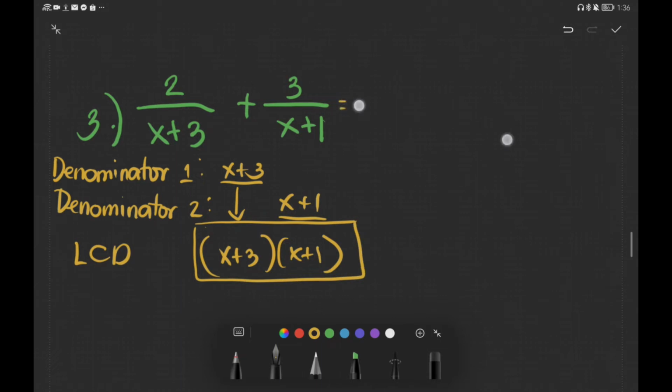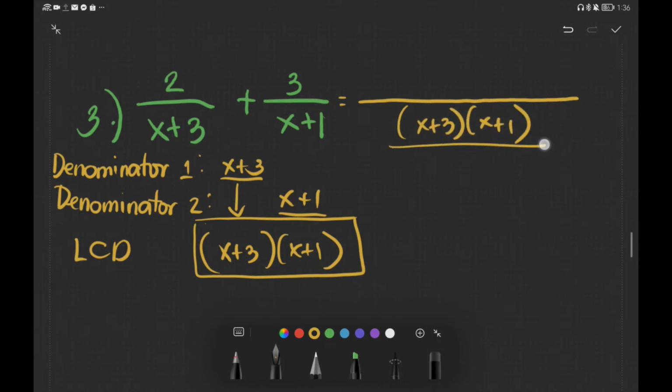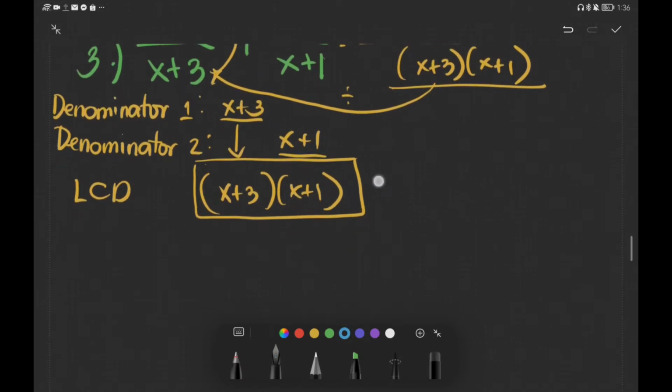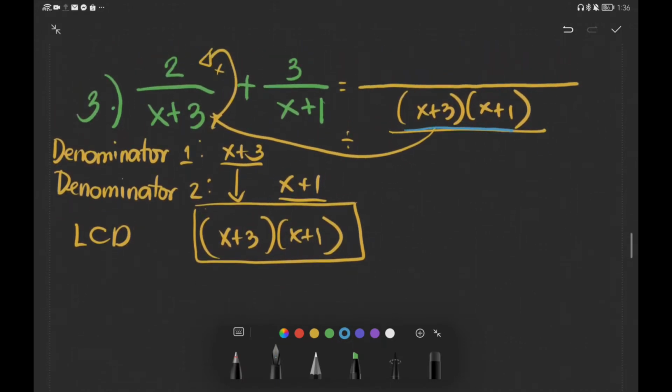Now, since we have the LCD, we copy x plus 3 times x plus 1. This one, divide by the first denominator and multiply by the first numerator. That is division and multiplication. Now, let's do the math. So, x plus 3, this one, divide.